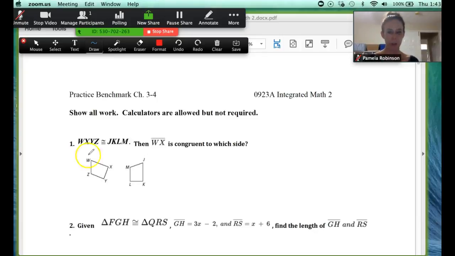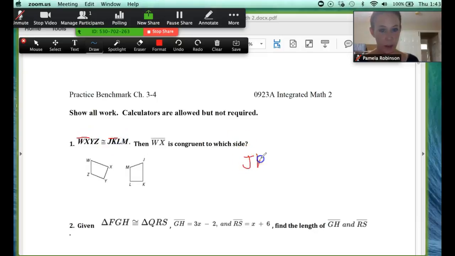The first question gives you two congruent quadrilaterals. You have to be careful when you label congruent figures to label them in the proper order. It asks, WX is congruent to which side? Since these are written in the correct order, WX should be congruent to JK.